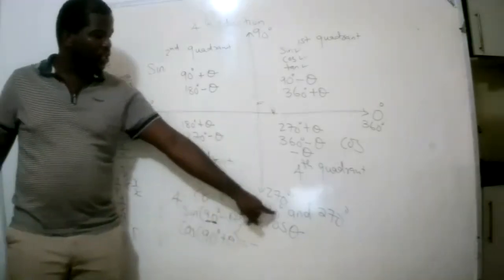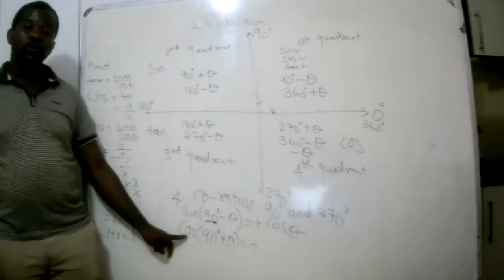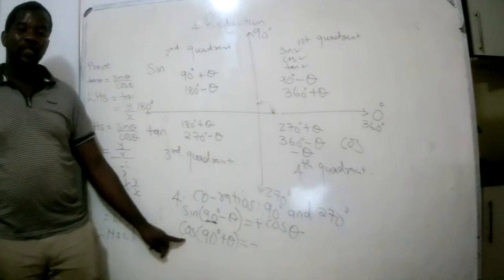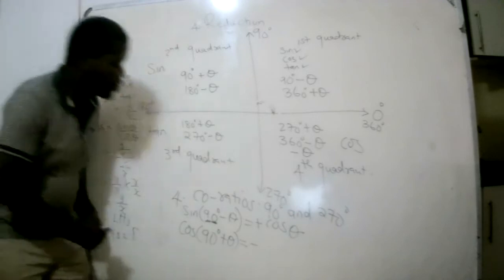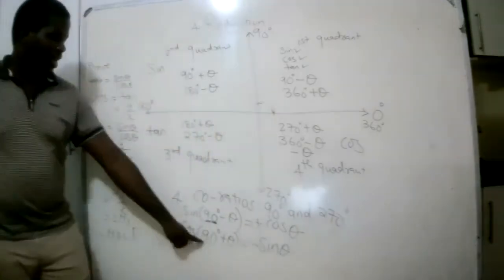If we have 90 or 270, what is going to happen to cos? Cos is going to change to sine, because we have 90 there.